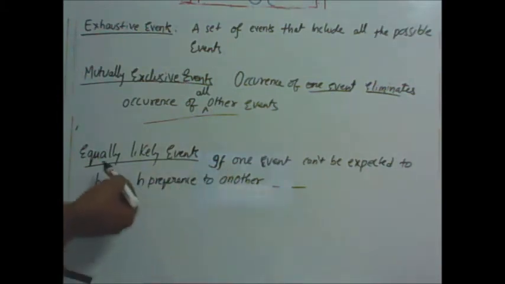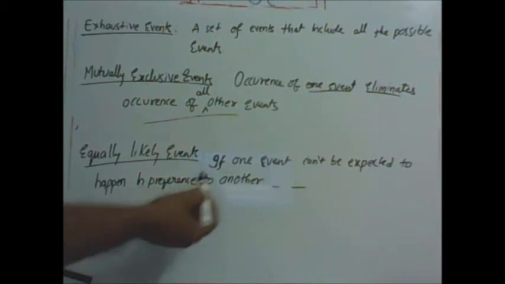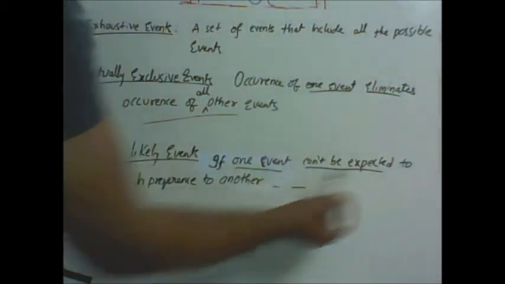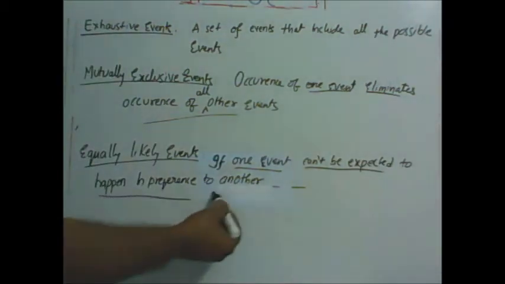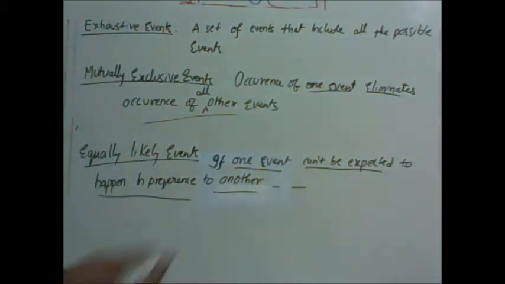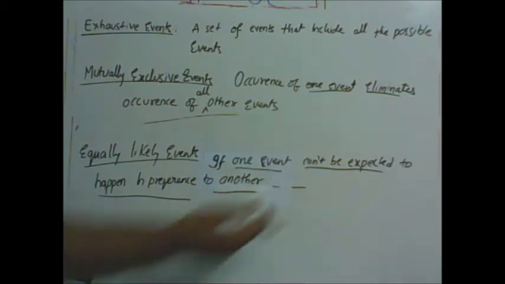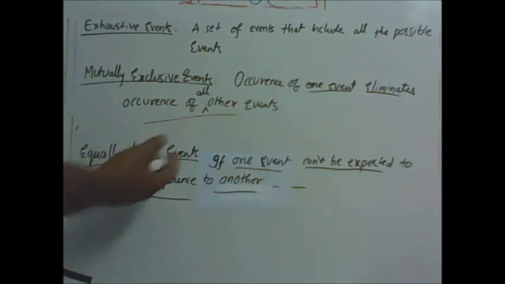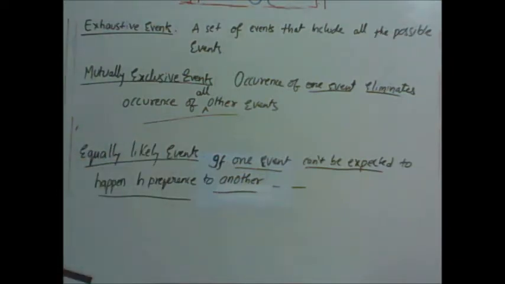Then they are all together called equally likely, which means one event can't be expected to happen in preference to another. That means all are equally preferable. We cannot say one event is preferred to another event. So when the preference for every event is equal, then it is an equally likely event.